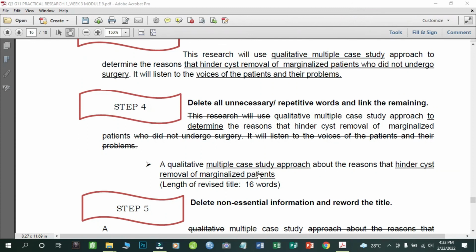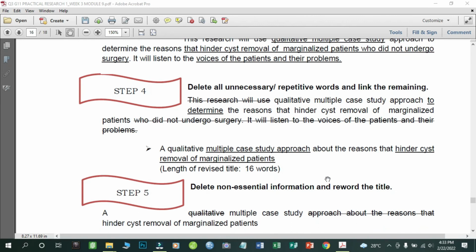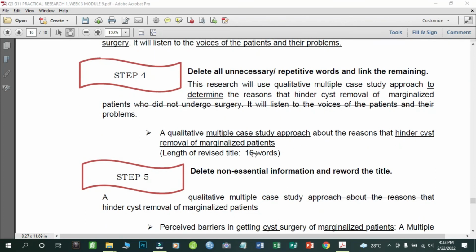Step 4: delete all the unnecessary repetitive words and link the remaining. Okay, so we'll delete some words here. This is the edited version of this title: Qualitative multiple case study approach about the reasons that hinder cyst removal of marginalized patients.